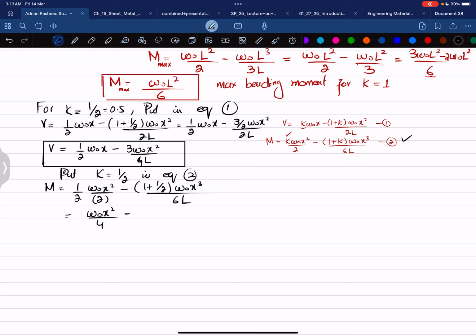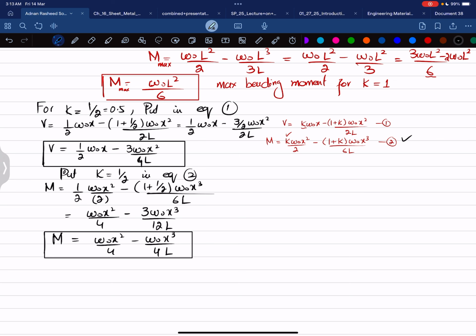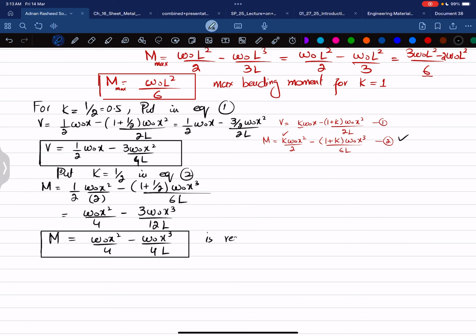So 3 W naught X cube over 12L. And if you simplify it, it will be W naught X square over 4 minus W naught X cube over 4L. And this is the equation of moment.